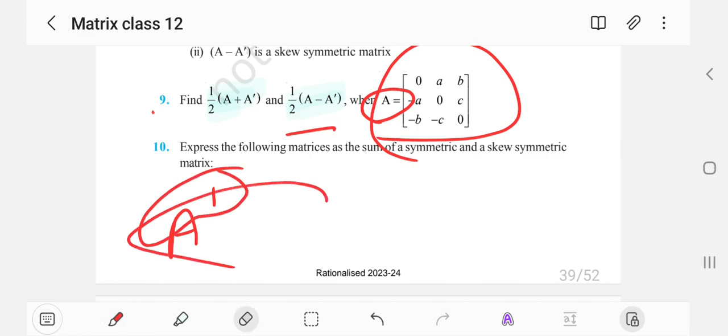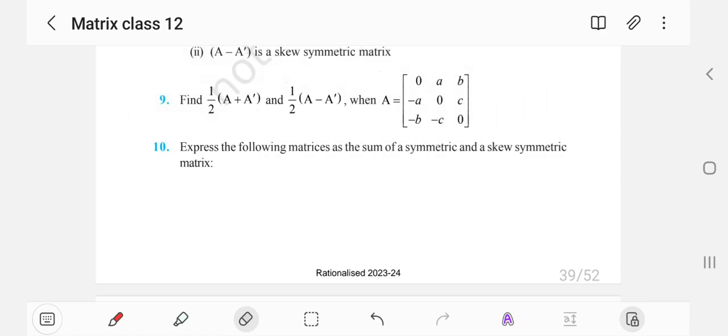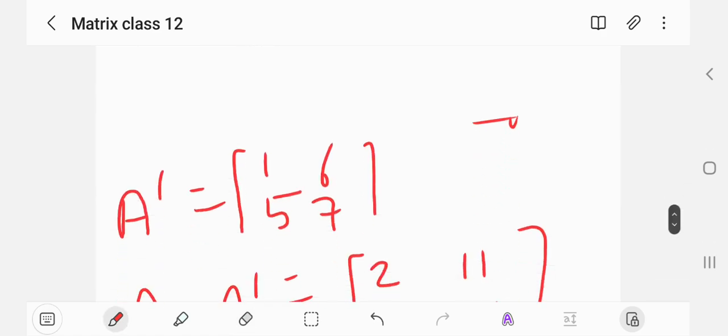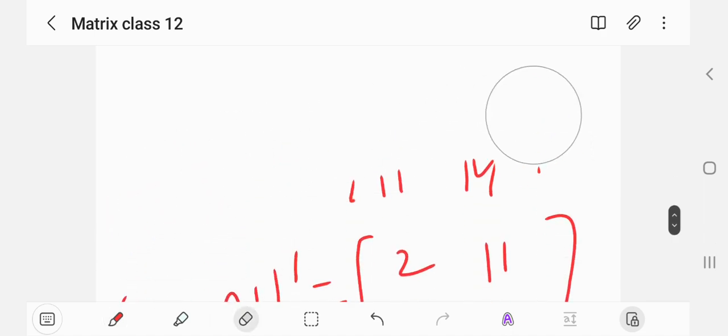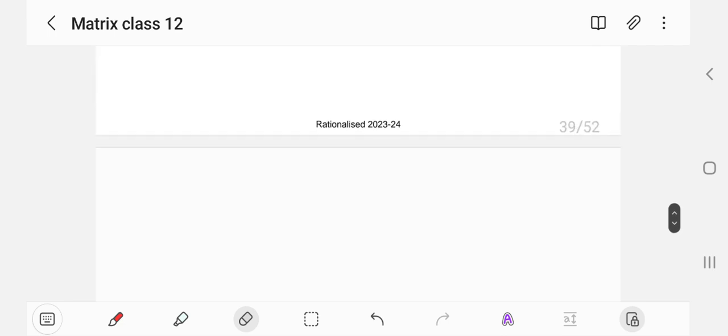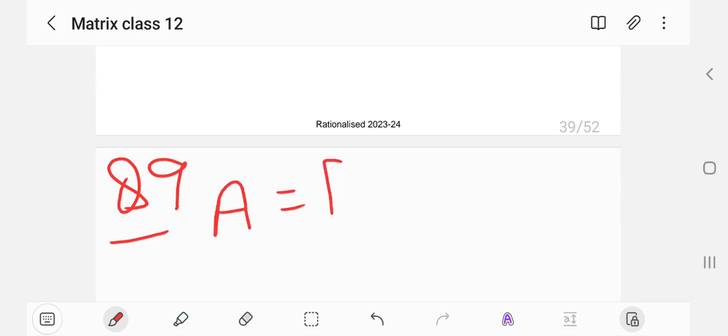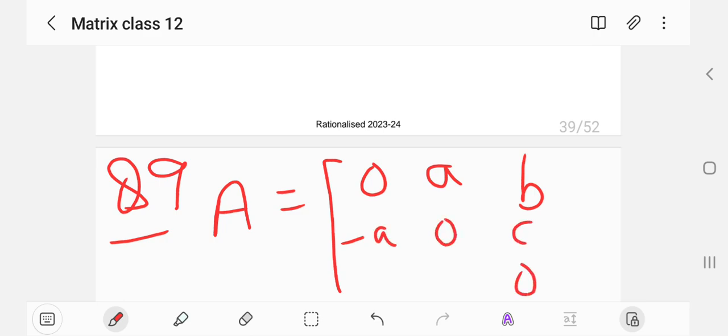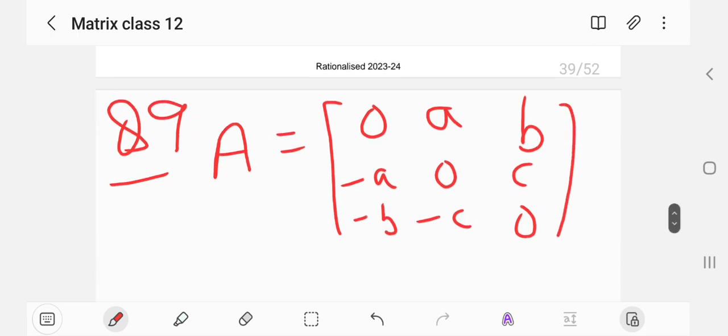Let me show you. Let me show one part of it. I will find this for you. Okay, let me make some space. So it is question number 9. Our A matrix is [[0, a, b], [-a, 0, c], [-b, -c, 0]].